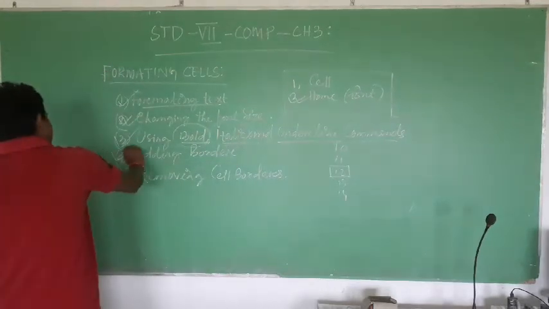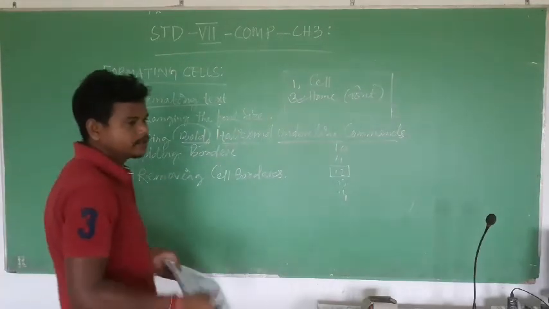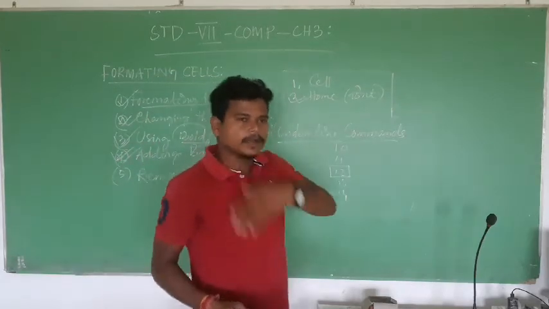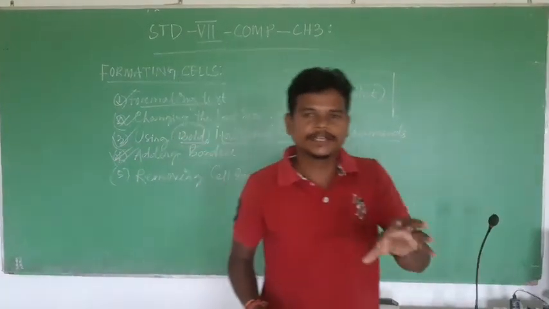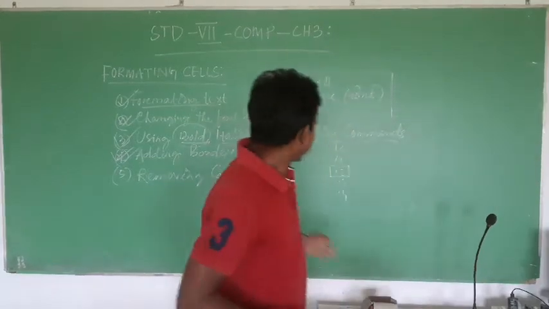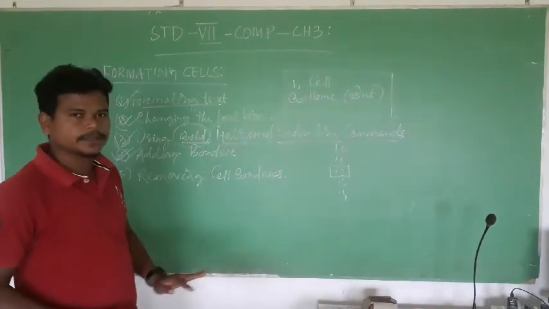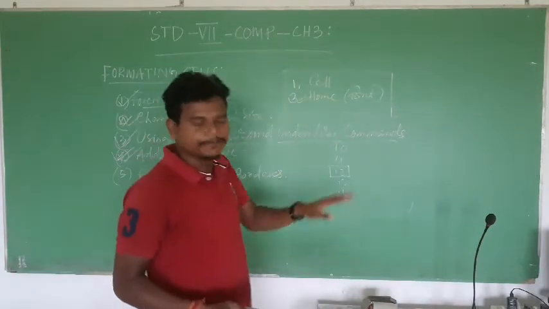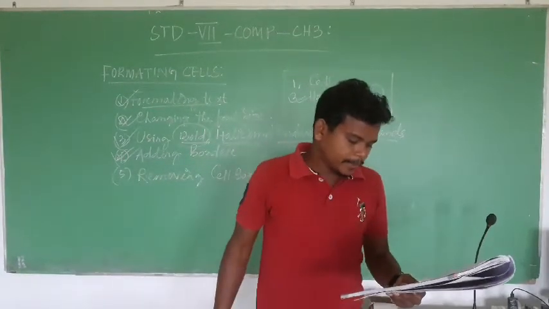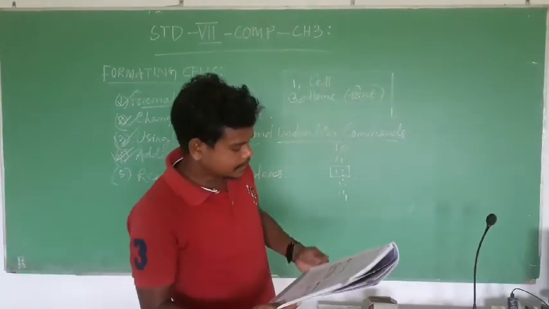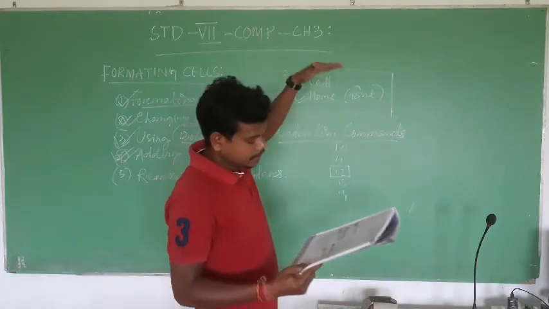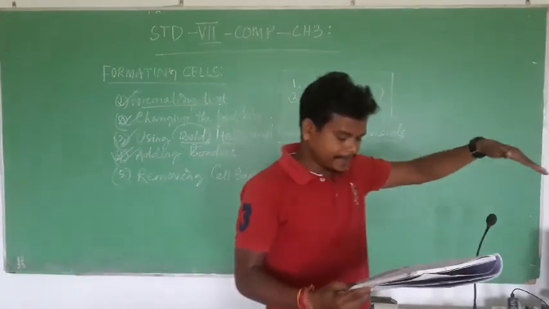Next, adding borders. After creating the document, many students, to make a document more attractive and readable, also use borders, like a photo frame. You know that. To add a border, we have to follow the given steps. First, select the cell that you want to modify.